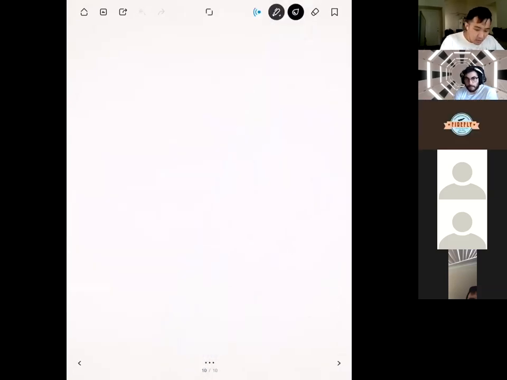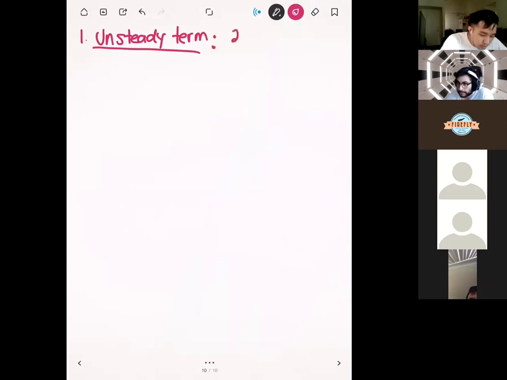Okay. So let's categorize the different terms in the material derivative. The first term that we'll go over is the unsteady term. The unsteady term is just the partial derivative with respect to time. So it's the first term in our material derivative, that's partial v, partial t. And remember, when we went over our analogy with the garden hose, this represents changes with respect to time.